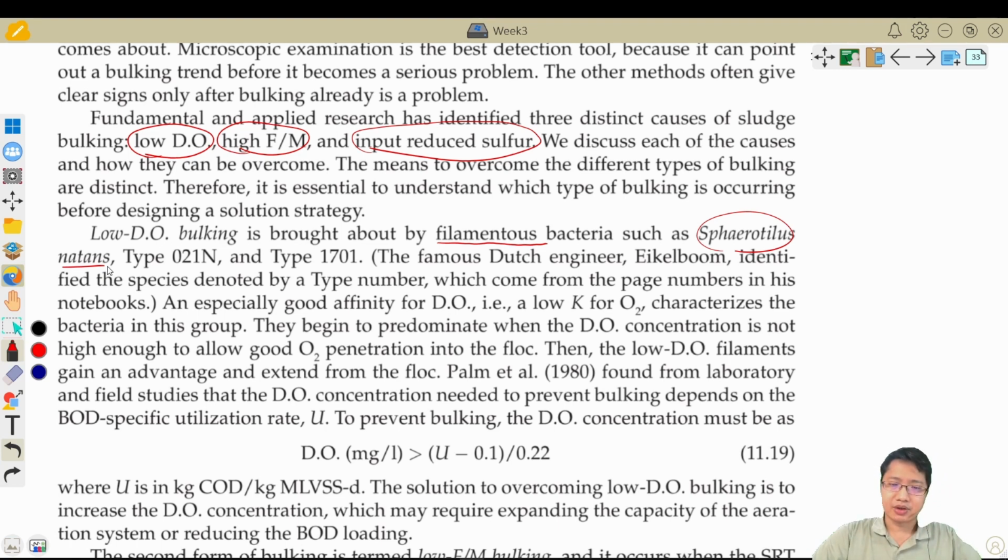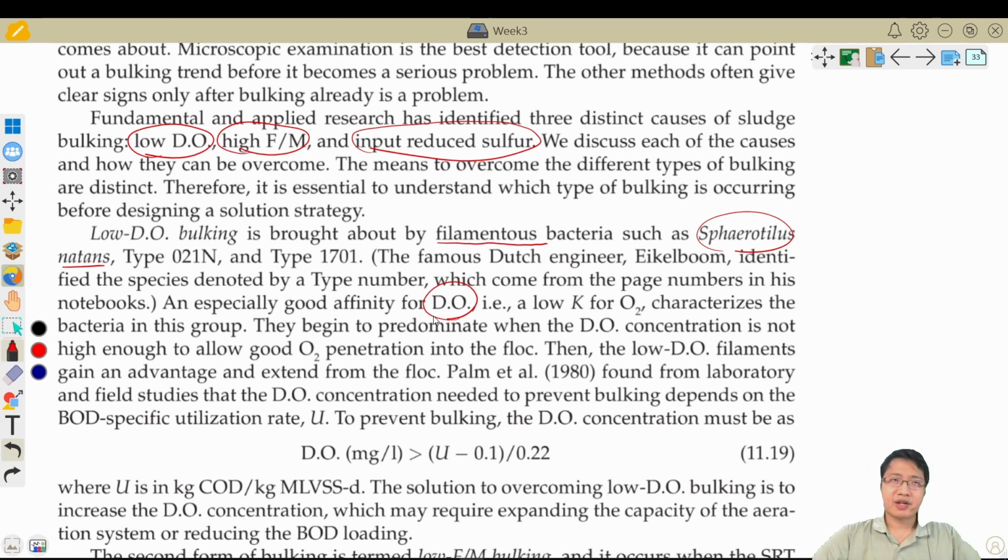And this type of filamentous bacteria is very sensitive to the DO concentration, which means they have very good affinity to oxygen, with a low K value for oxygen.